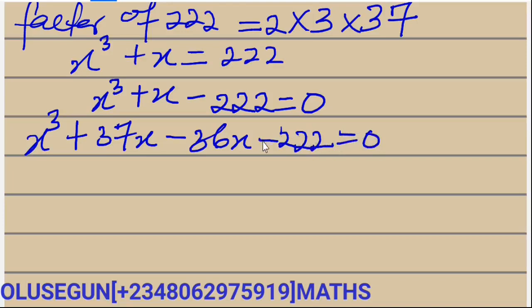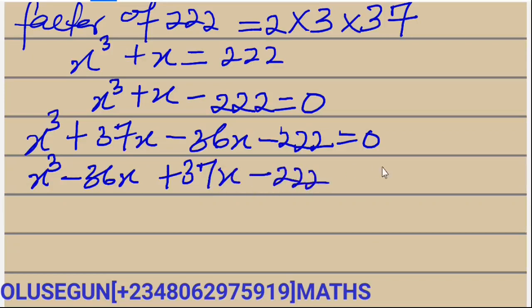So now, let's rewrite this to have x cubed minus 36x plus 37x minus 222 is equal to 0.